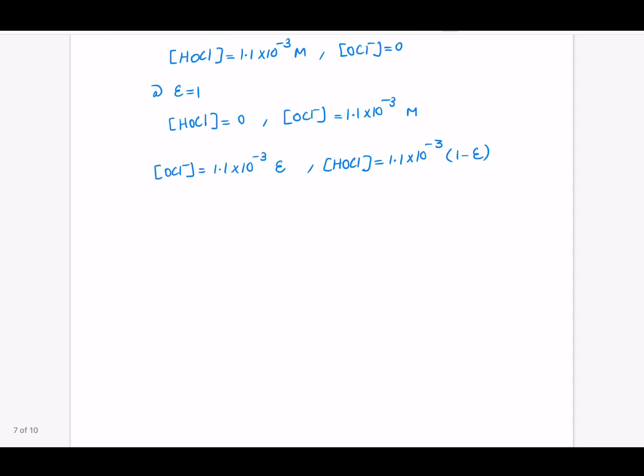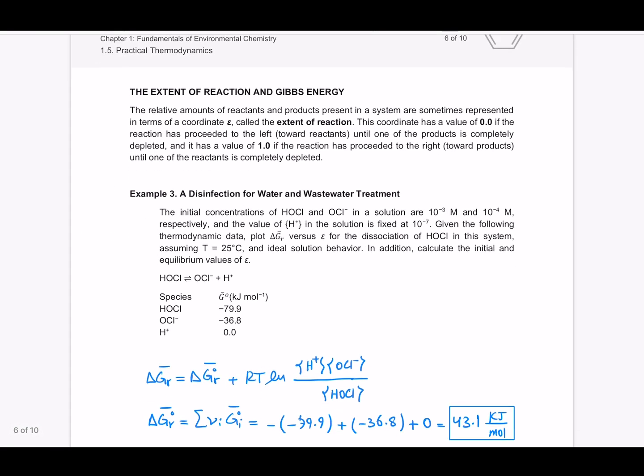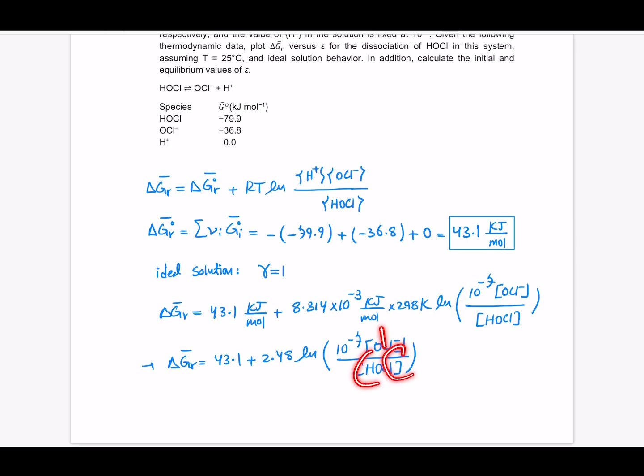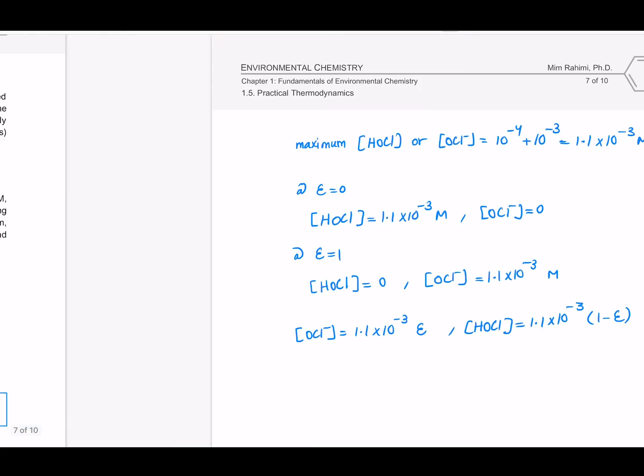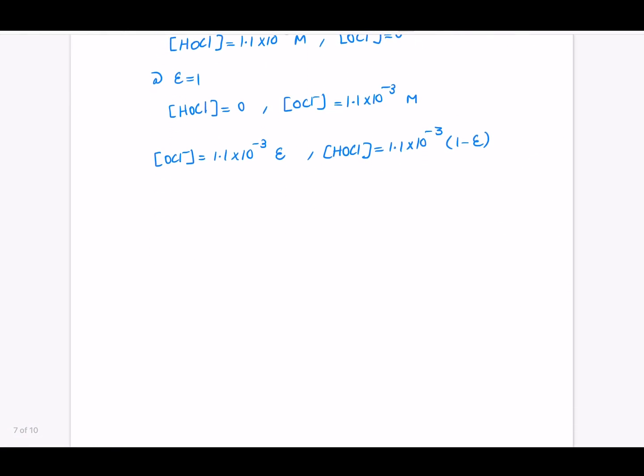So now we have these two species as a function of epsilon. So the only thing is we plug these two into this relationship. If we do that, then we have everything we need.